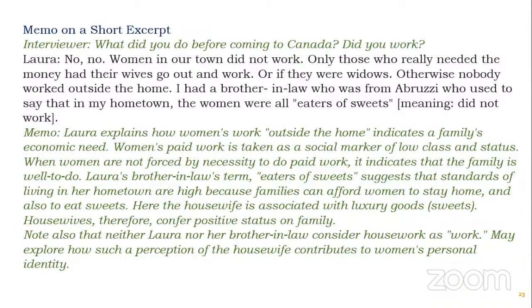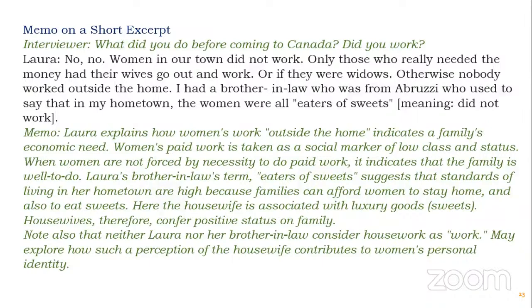So this first part, starting from Laura explains how women's work till confer positive status on family, talks about the researcher's understanding of this part of the transcription.